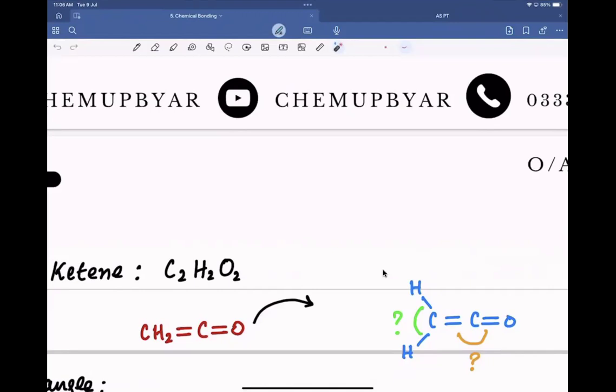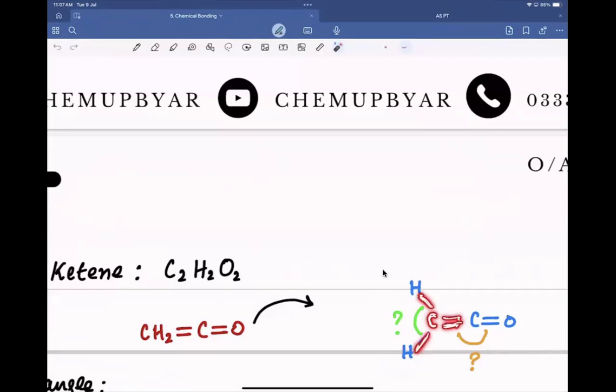Trigonal pyramid. You are talking about this carbon? How many bond pairs does it have? It has 3. Does it have any lone pair? No. So what would be its shape then? You can take help from the chart.